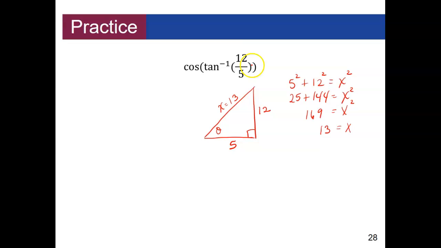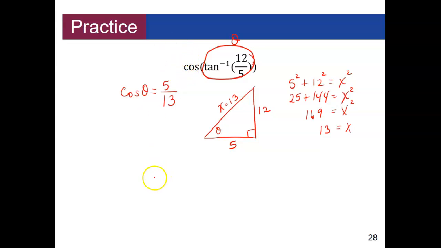Okay, so we can replace all of this now with theta. So cosine of theta is going to be adjacent over hypotenuse. So adjacent is 5, hypotenuse is 13. It just so happened that the problems we were working with, cosine was the function that was out here. There's nothing special about that.